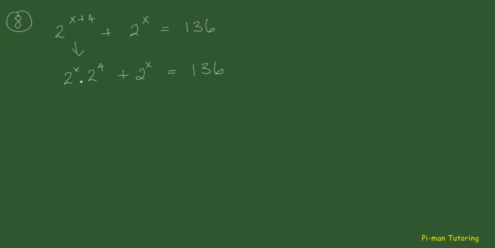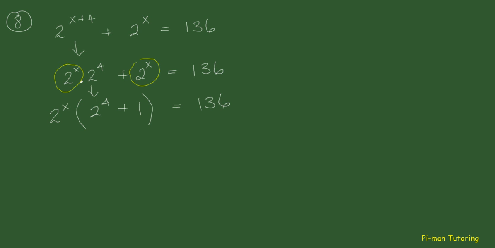Now by breaking that exponent apart, we've got similar looking things. We've got a 2 to the x here and a 2 to the x here. And that enables us to factor the left-hand side of the expression. So I can pull out a common factor of 2 to the x. What I'm left with is a 2 to the 4 here, and here I just got one lot of 2 to the x is equal to 136.